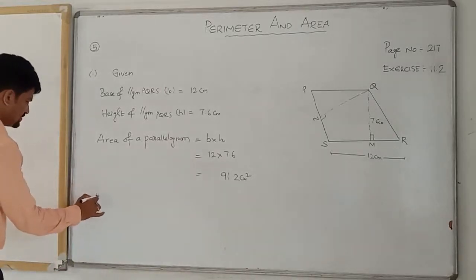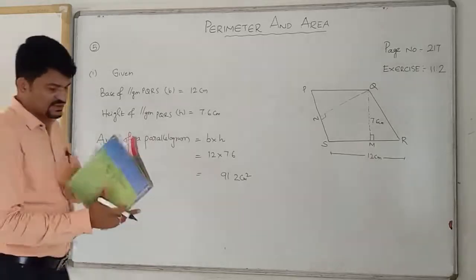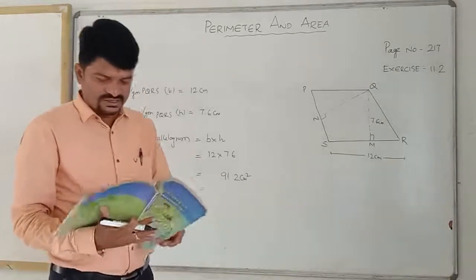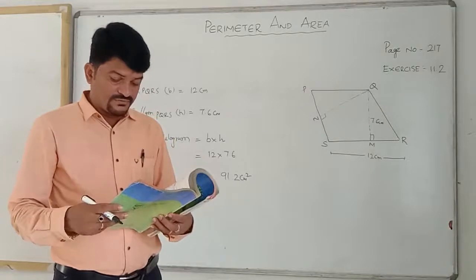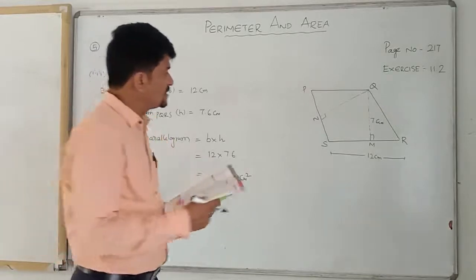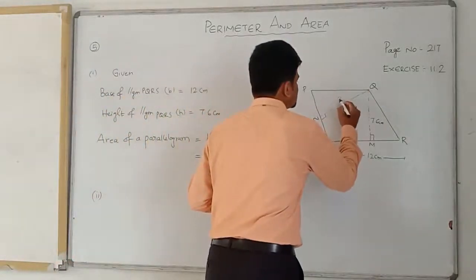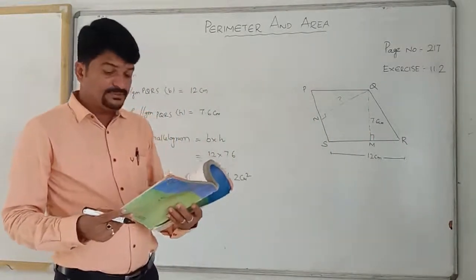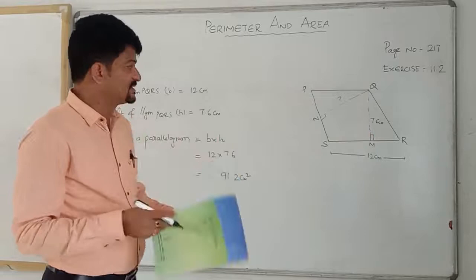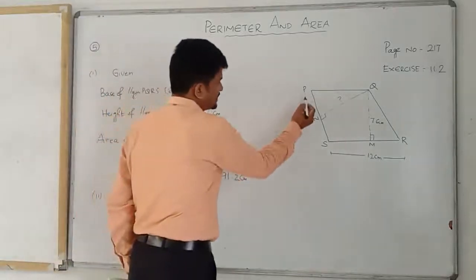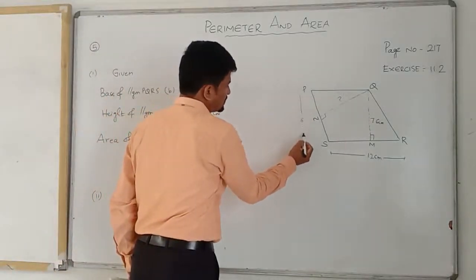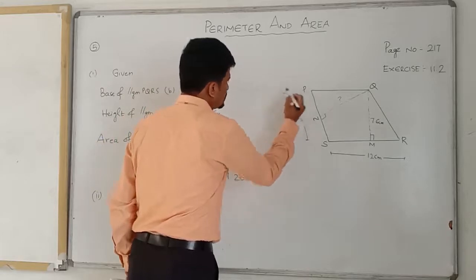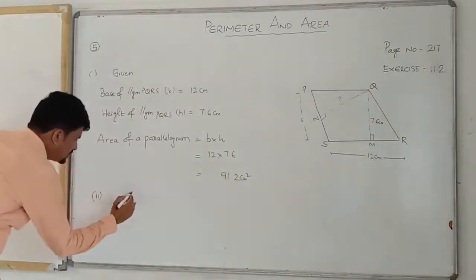Second question, see the textbook. In the second question, what is given? Find QN. We need to find the length of QN, if PS is equal to 8 centimeters. This is given as 8 centimeters. What is given here?